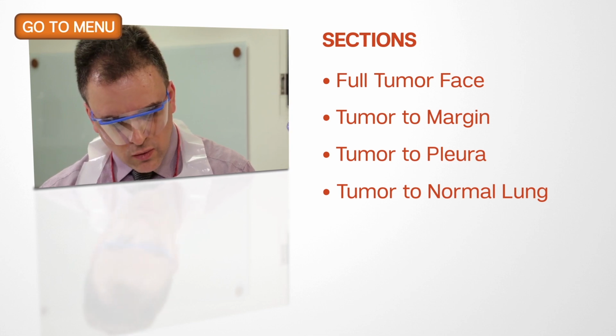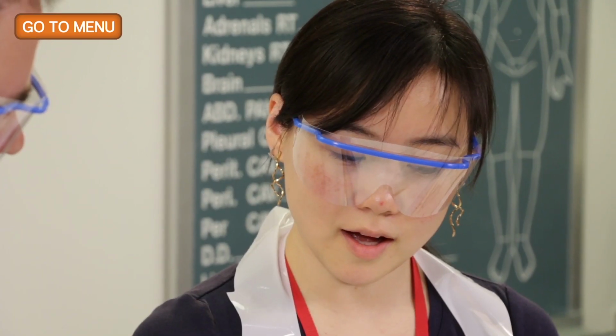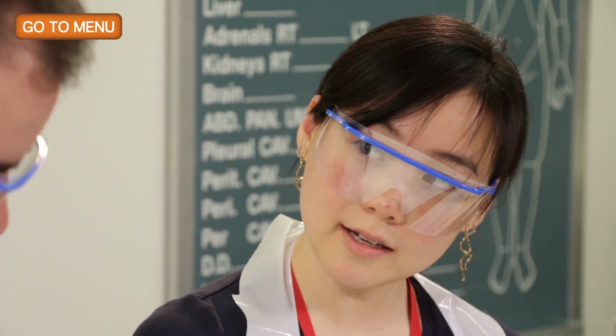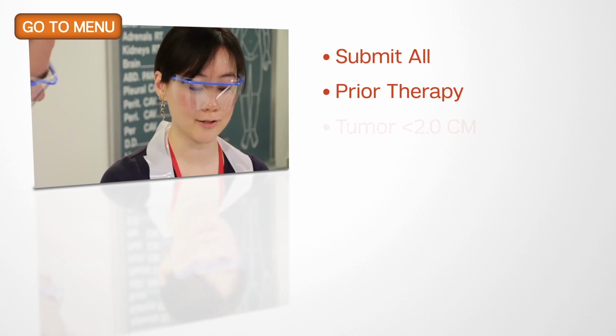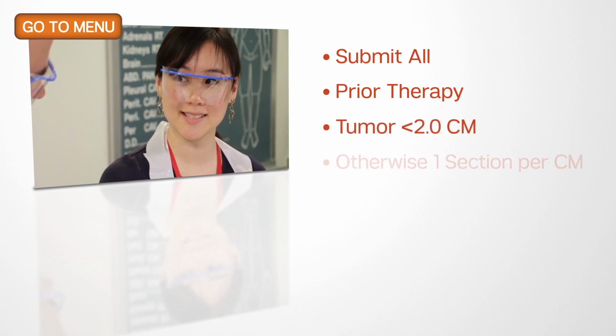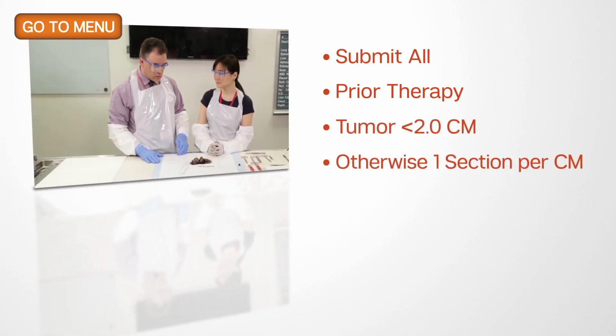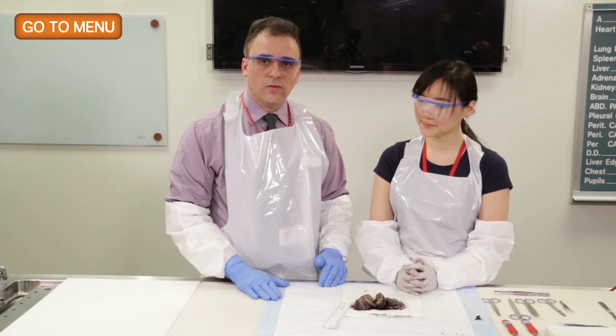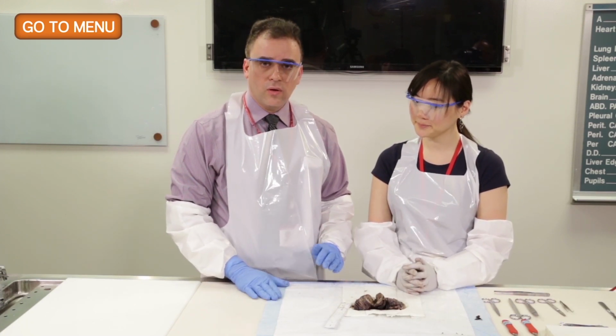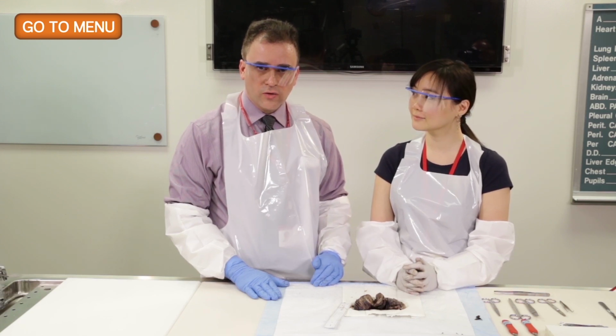Are we going to submit this tumor in its entirety? That also depends on the size and whether it's been treated or not. So if this has been previously treated and if it's reasonable, then we would submit all. However, if not, and it's way too large, then we can do a section per centimeter. And so in this case, there was no clinical history of treatment, and so there's no requirement to submit the entire tumor.